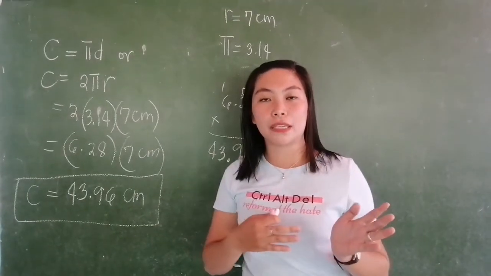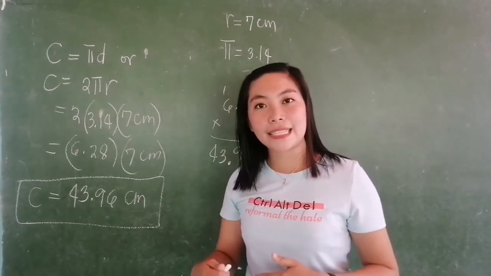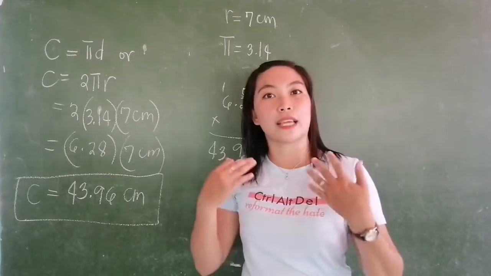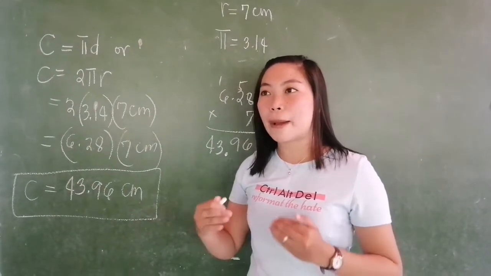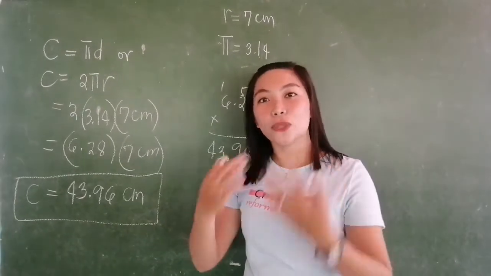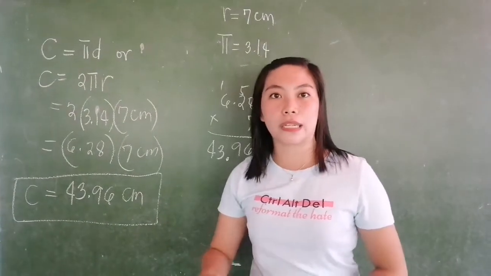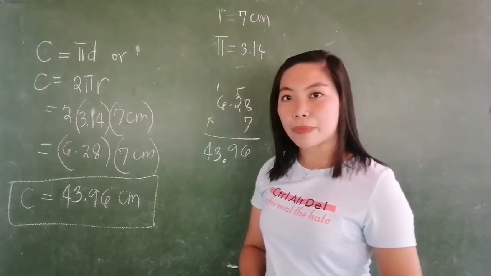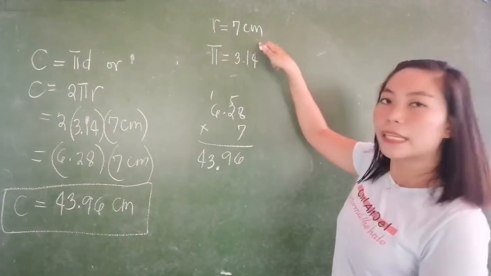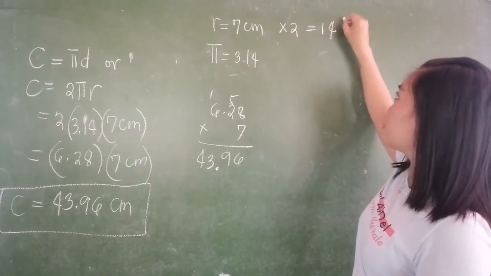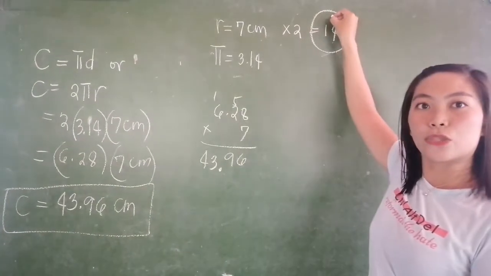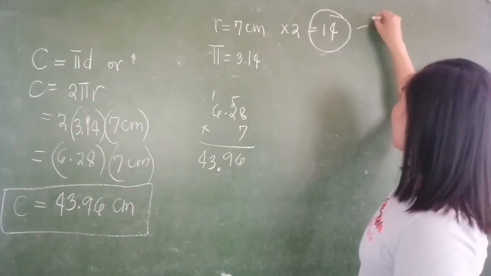Tapos, yung diameter naman is, it is a line segment which passes through the center of the circle. So meaning, kapag po times 2 natin yung radius ng circle, that is equal to the diameter. So, multiply natin yung 7 by 2. So, that is equal to 14. Yung 14 na ito, that is your diameter now.